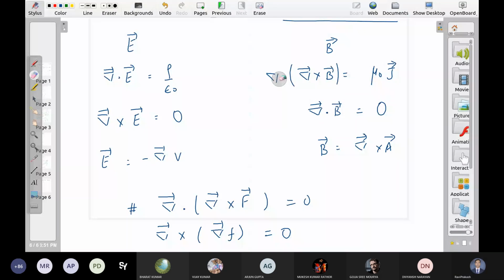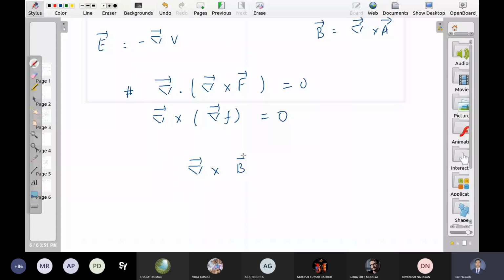Let me write a note here. I am taking divergence on this side. Then divergence of this quantity. What is the left hand side?